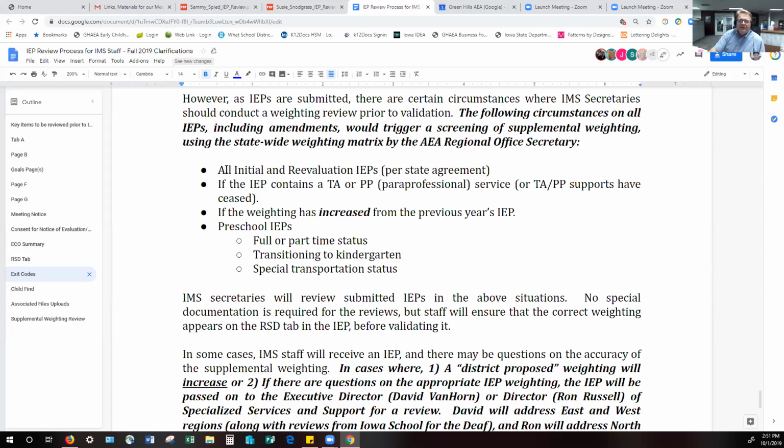So the first one is all initial and reevaluation IEPs. And that's an important one because we know that this process looks a little bit different around the state. Different AAs are handling it in different ways, but a number of years back, there was kind of agreement with the special education directors that at these times of entitlement, child find, so initial evaluations and reevaluations, the AA would validate that the weightings are correct.